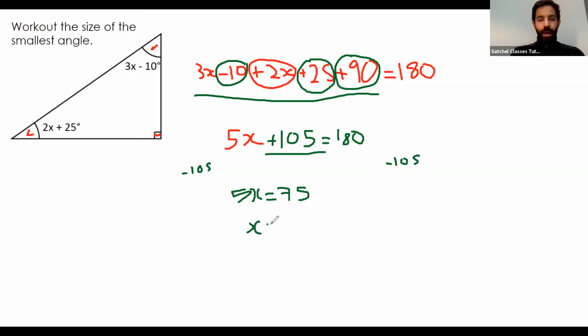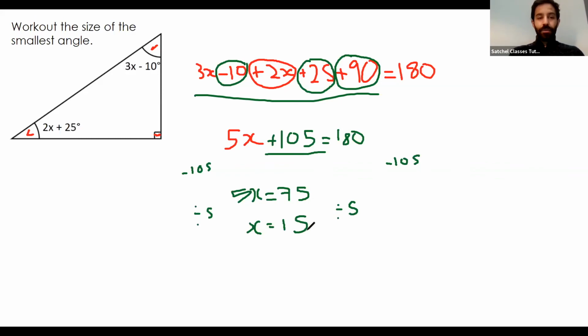And then x is equal to, well, what's happening here? So we need to divide both sides by 5. So divide both sides by 5. So 5 divided by 5 is just 1, and 75 divided by 5 is going to be 15.